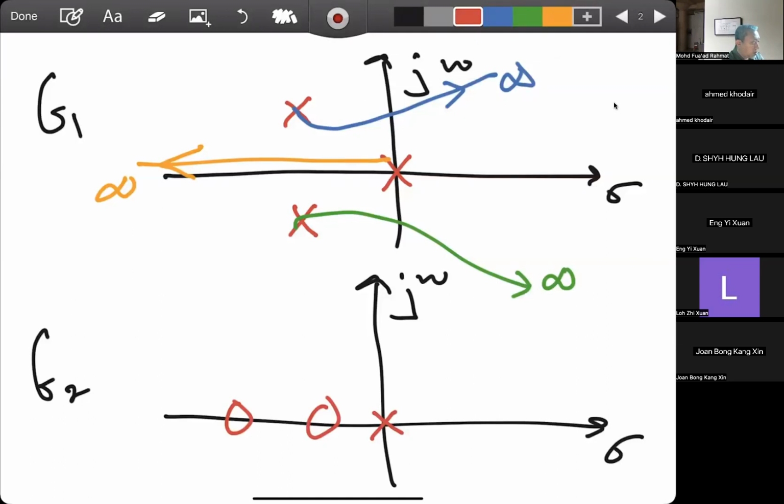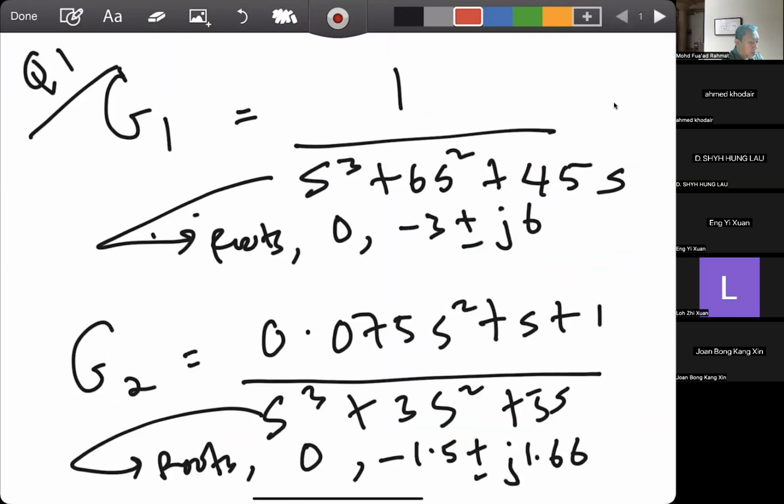And don't forget there are complex conjugate poles near here: 0 and minus 1.5 plus minus j1.6.